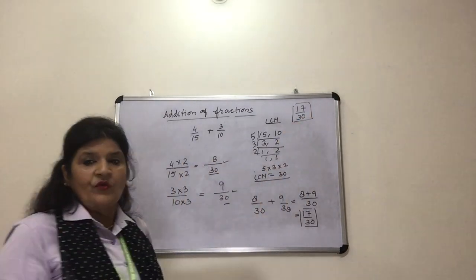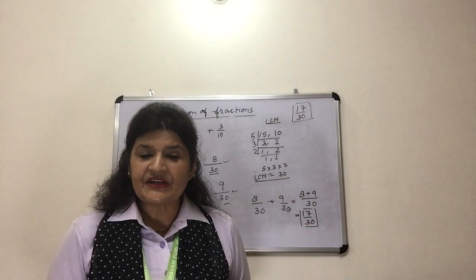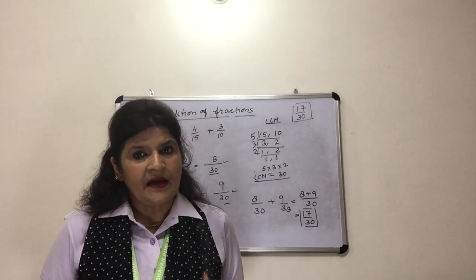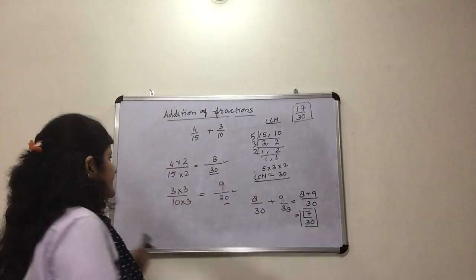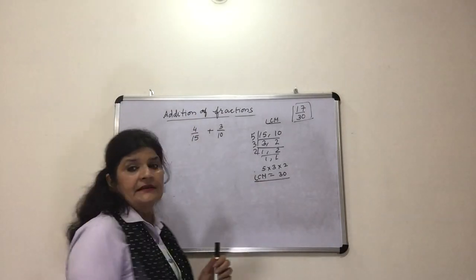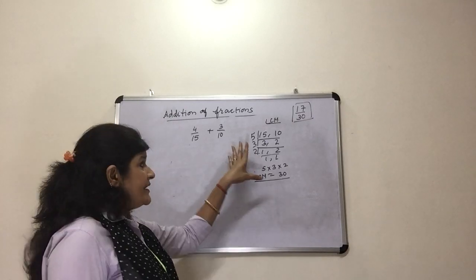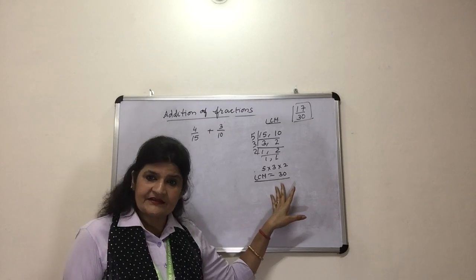In this method, first we convert the fractions into like fractions and then we add up the numerators. Right? Now I am telling you the second method. In the second method also, we take out the LCM. LCM is same, it is 30.